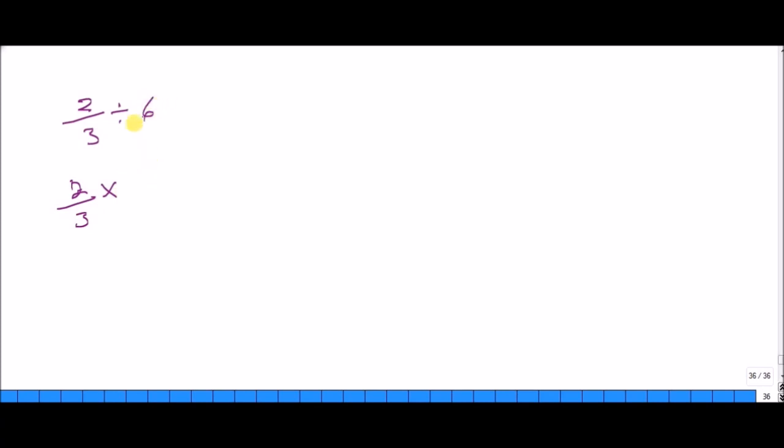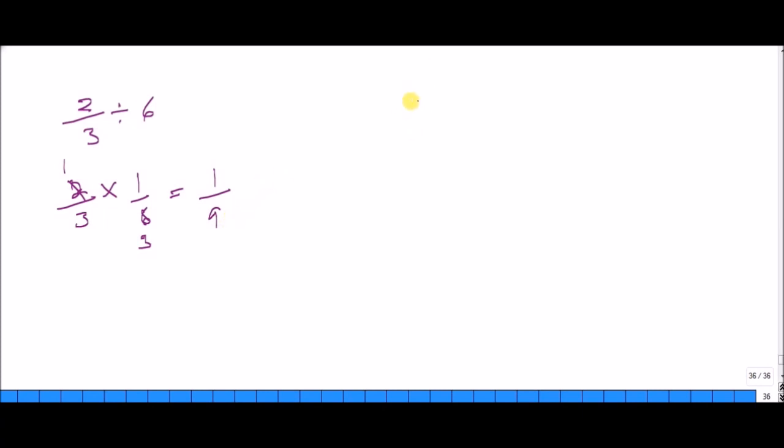So what's the reciprocal of the divisor here? It would be 1 over 6. Reduce where possible. 2 into 2 one time. 2 into 6 would be 3. 1 times 1 would be 1, and 3 times 3 would be 9. Our answer would be 1/9.